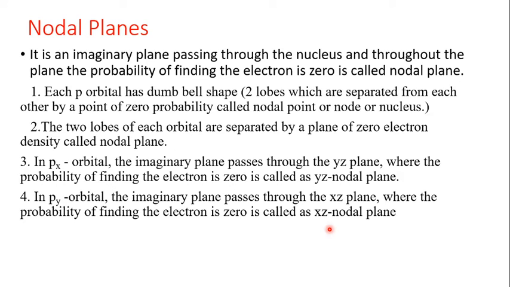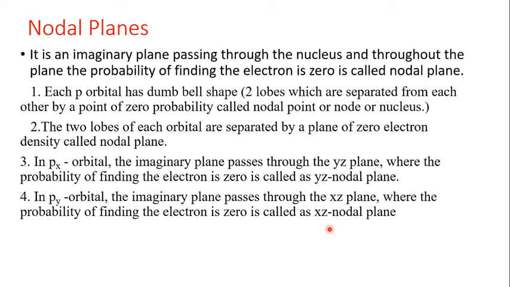Similarly, a nodal plane is an imaginary plane passing through the nucleus, and throughout the plane the probability of finding the electron is 0. As we were talking about a specific point, now we are talking about a plane. So all over that plane, the probability of finding the electron is 0.